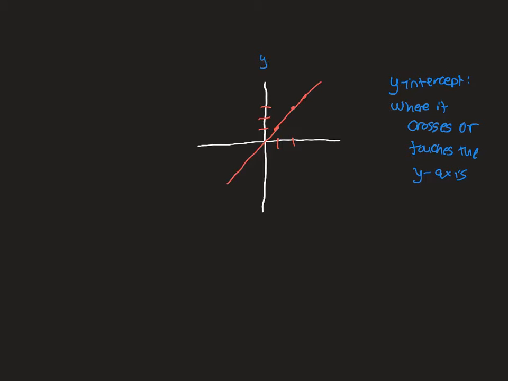Now, this is the y, this is the x. So, where does it cross the y-axis? Well, it crosses it right here. This is where it touches the y-axis. So the y-intercept here would be 0. This means my b is equal to 0.